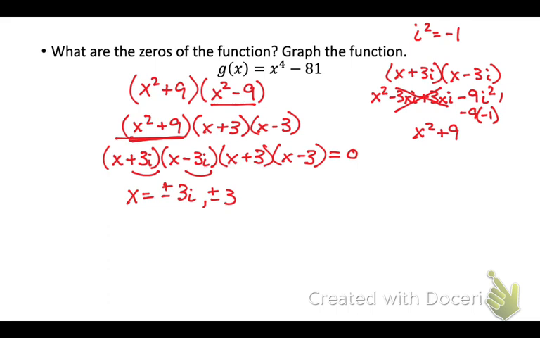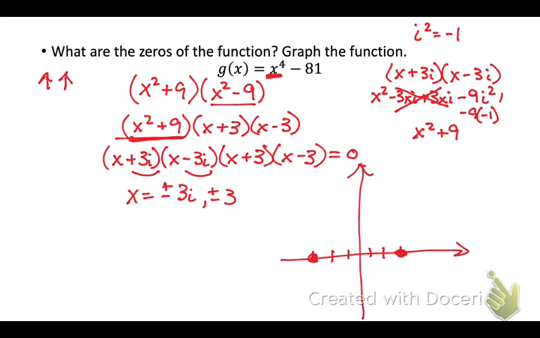Is it going to be a 0 on my graph? No. What happens with this graph? I have 1, 2, 3. This is a 4th degree even, so it is up, up.